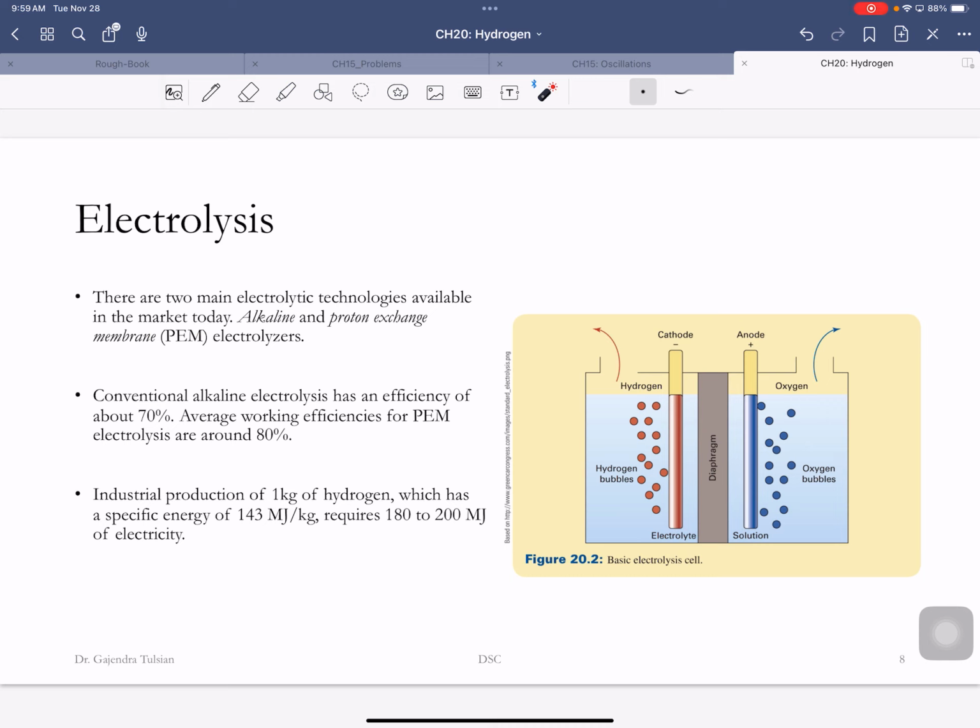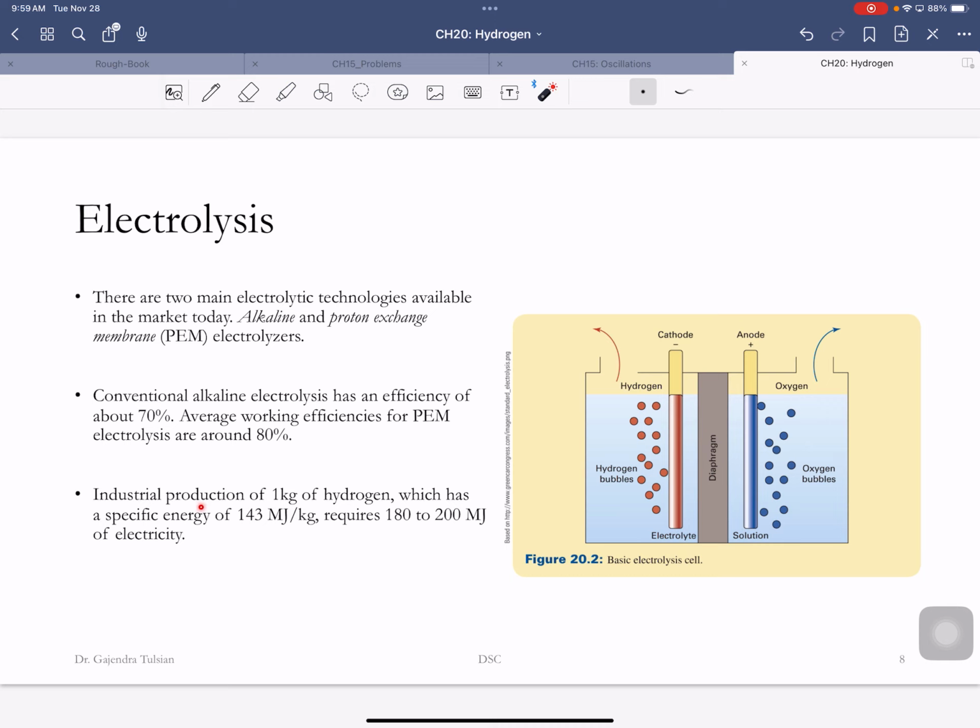The alkaline electrolysis is 70% efficient, and the proton exchange membrane is about 80% efficient. And this is more expensive, but it's more efficient. Yeah, but hopefully the prices will become cheap. Okay. So here is where the 80% number comes in.